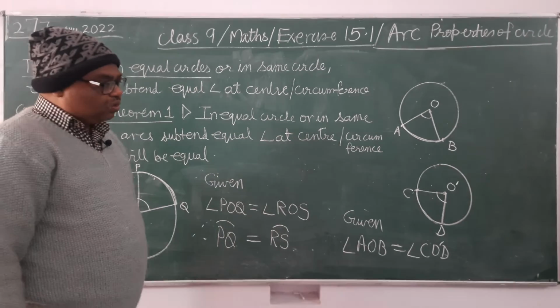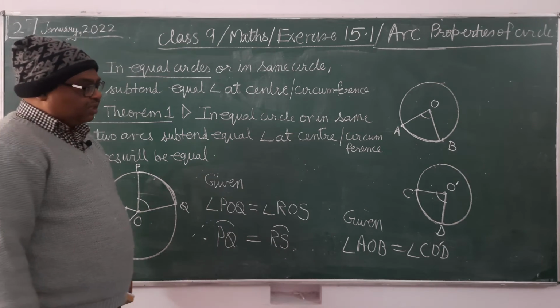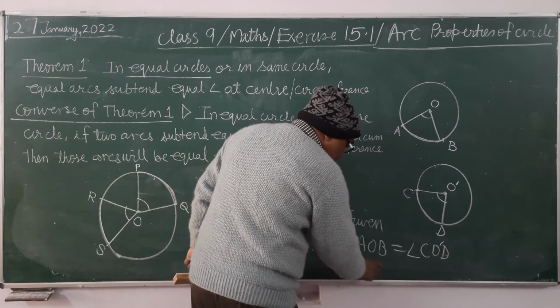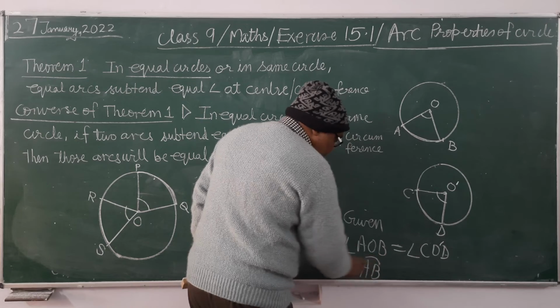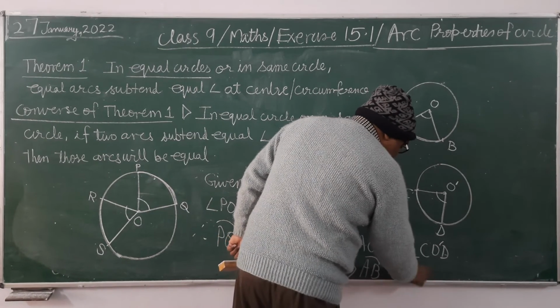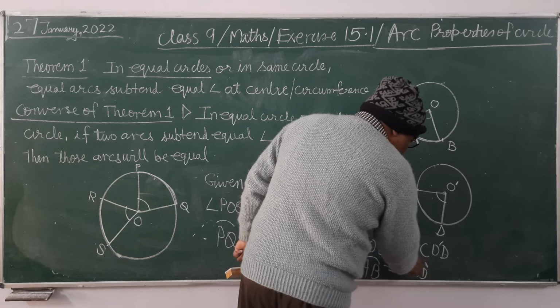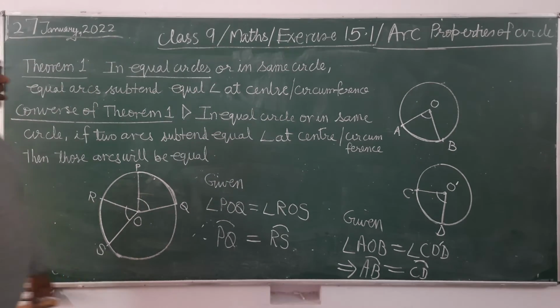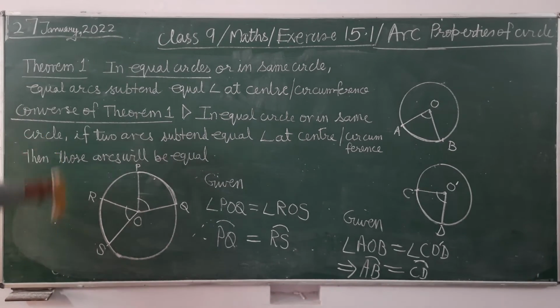Angle AOB equals angle CO dash D. Therefore, arc AB will be equal to arc CD. So these are the two theorems.